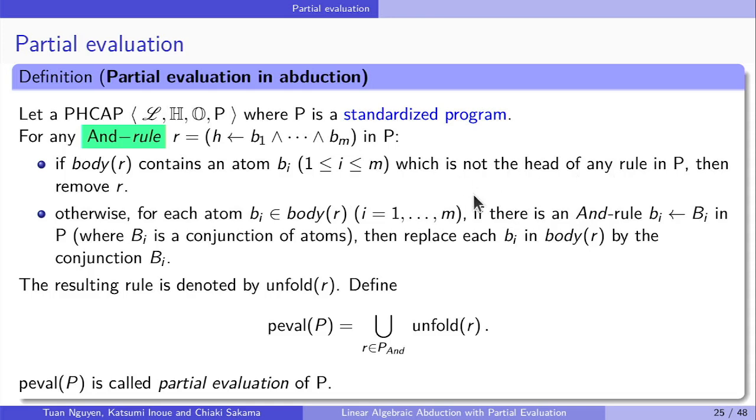And for each atom appearing in the body, if we have another rule for it, we then replace it with the conjunction of the body of that rule in the rule R. The resulting rule is denoted by unfold R, defined as follows. So P EVA is called the partial evaluation of the program P.